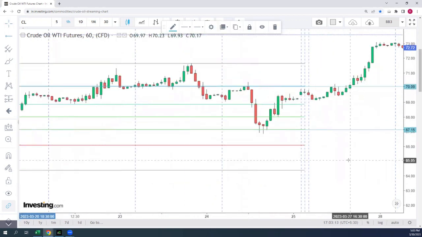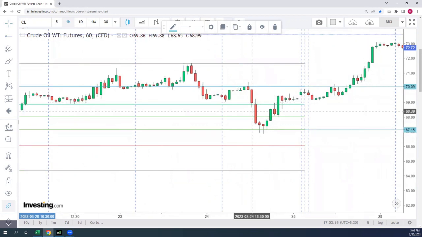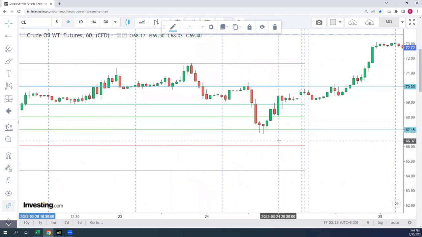When I saw the rejection here, I started taking short, and I also started buying here. So basically, I started shorting at this place. It fell down, and I started buying here. It went up, and I almost closed here.